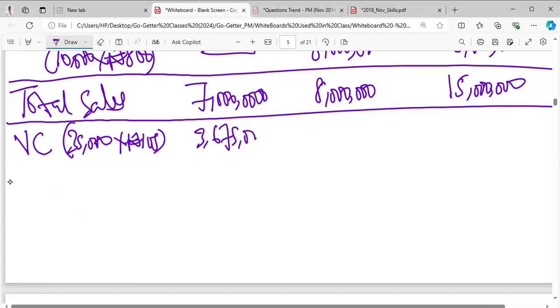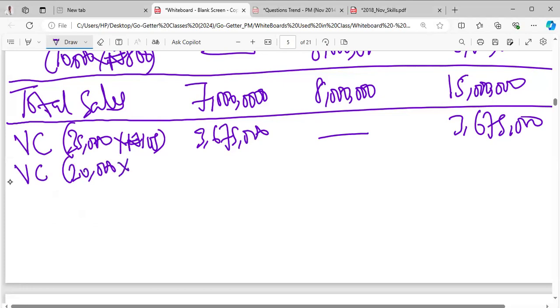3,675. So the group is getting 3,675. Now, these other people are buying 20,000 at 170. That's 3,400,000. The group is spending 3,400,000.